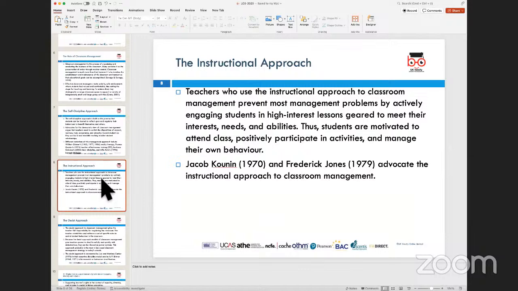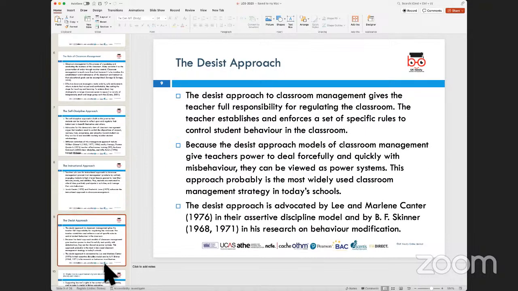The instructional approach, wherein the teacher looks at using activities which give instructions to the students, children, to be able to follow those instructions easily to carry out those tasks and activities. And the third was the desist approach, wherein the teacher has the full responsibility to be able to regulate and manage the classroom.